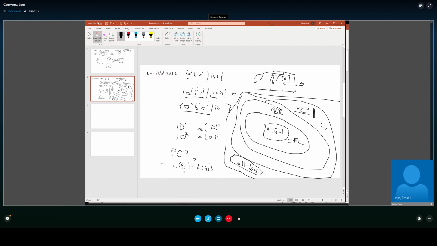It will simply enumerate all words over the alphabet, T star, every single word, and then determine whether the first grammar generates it, whether the second grammar generates that word, and if they coincide, then it goes on to the next.